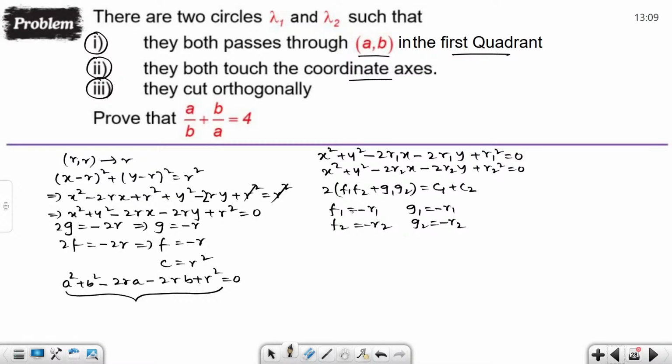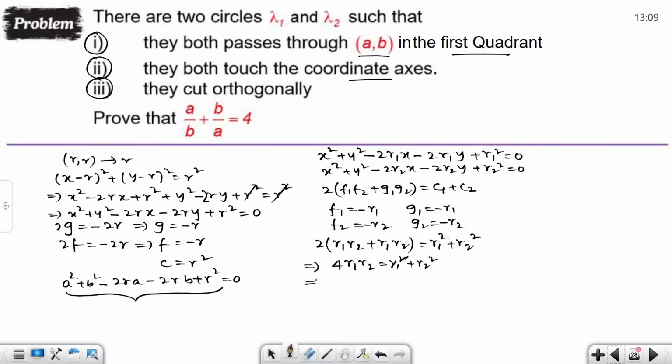So if I put those conditions in this given equation, what are we going to have? 2 times (r1 r2 plus r1 r2) equals c1 plus c2, that is r1 square plus r2 square. Is it clear? So that gives us 4 times r1 r2 equals r1 square plus r2 square.